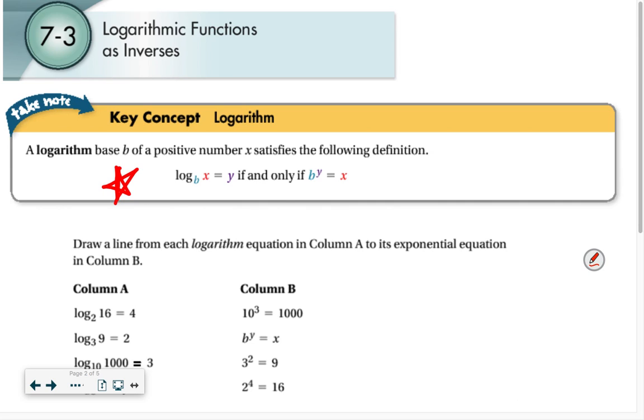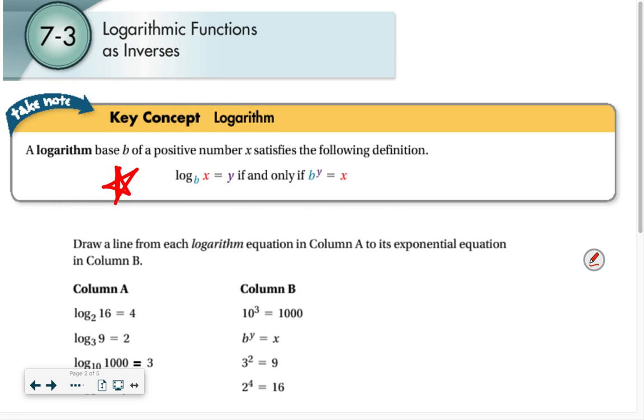That is so confusing that we just think of it as b to the y power is x. Okay, so all you're doing is taking your little number, you see how this is subscript, turning it into your base. Your answer becomes your exponent, and this number is your answer.